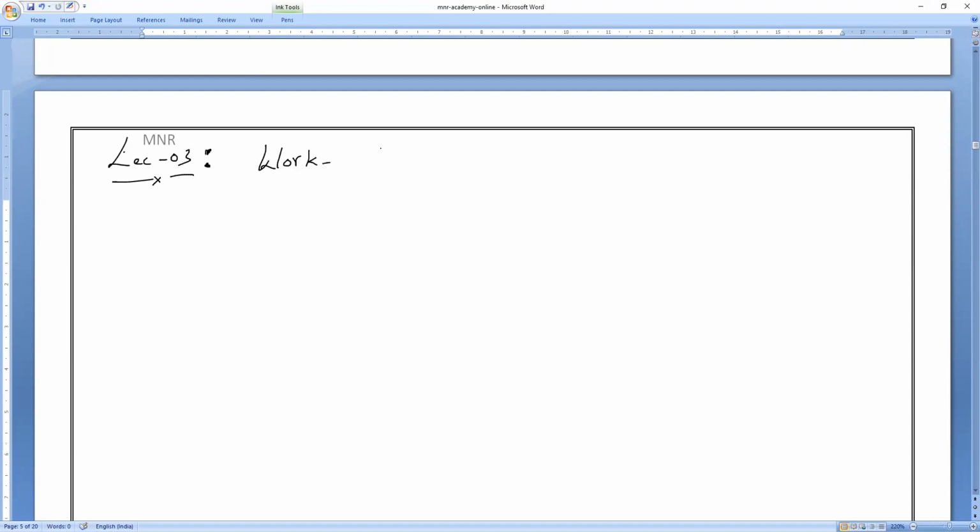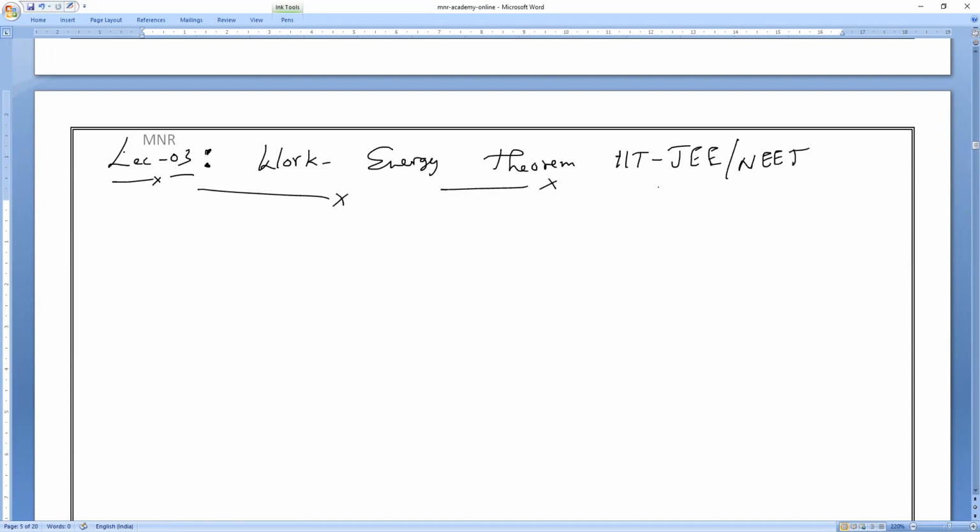So that is what we call the work energy theorem. In 9th class, many students remember, we studied that change in kinetic energy is called the work energy theorem. So for JEE Mains as well as NEET, it is one of the most important concepts, where you'll frequently get a question. Keep it in mind.